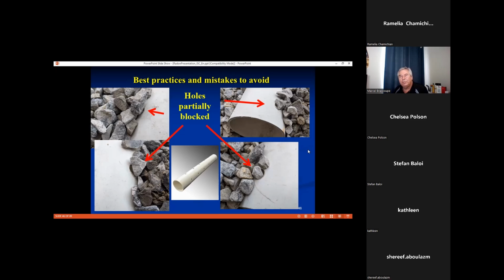So when we come to use it, even though we have the holes there, a lot of times we're not able to draw a lot of air through those holes because they're partially blocked with the crushed stone. So like I was saying, 7 times out of 10, it doesn't work for us. We have to make our own hole and abandon the pipe.